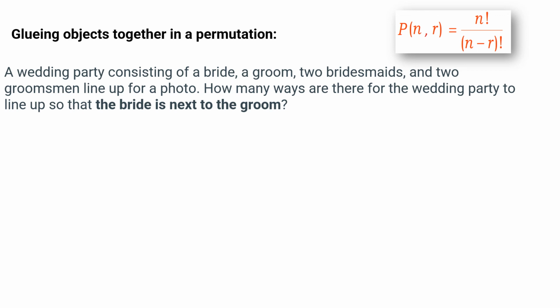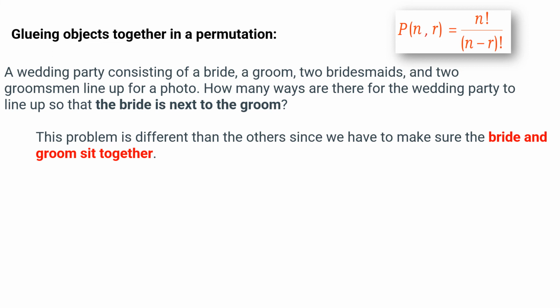Although we've got to understand that if we take a picture where the bride is to the left of the groom, then it would be considered a different lineup if we kept everybody in their same slot except just changed the groom and the bride's positions. That would be considered a different lineup, right? So we've got to figure out how to do this.